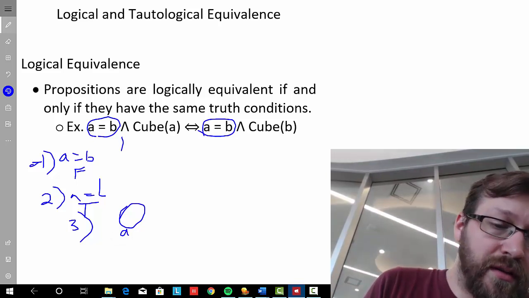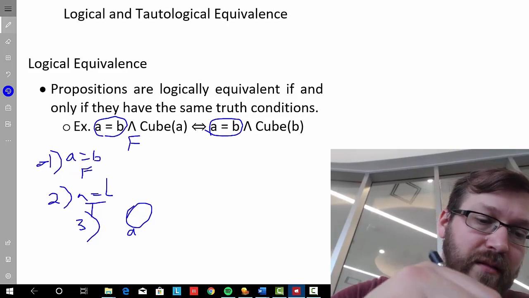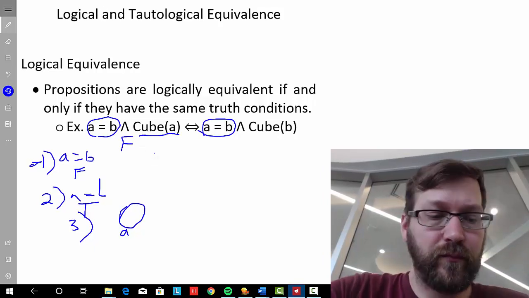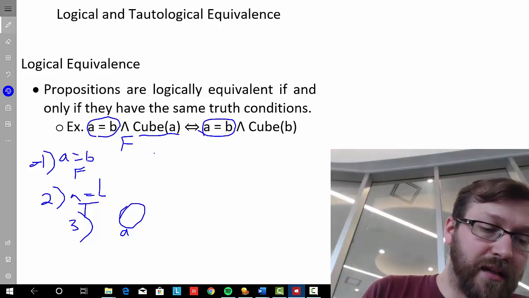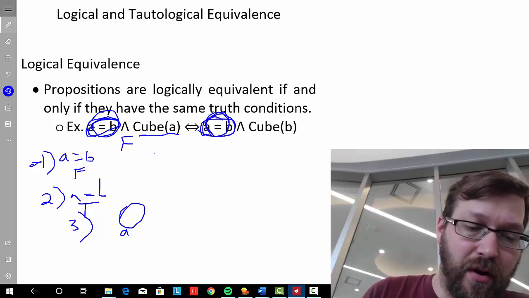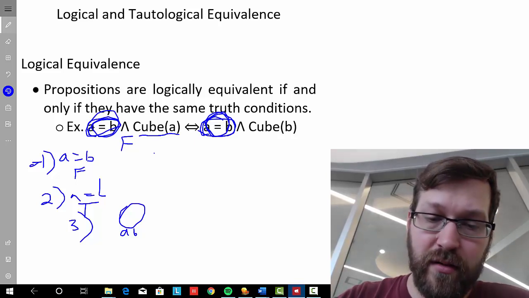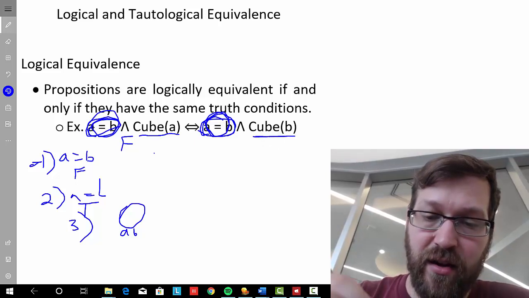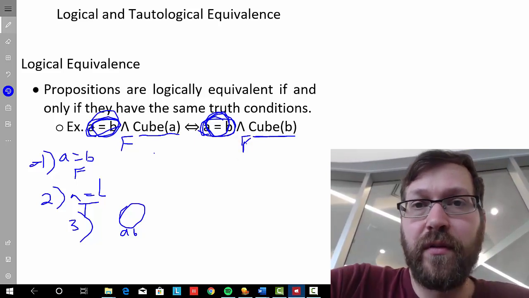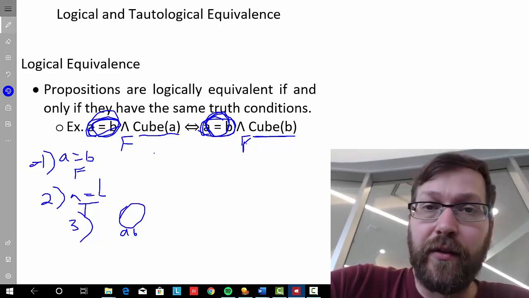If A is a non-cube, that'll be false because our second conjunct is false. But because this is under the assumption that A and B just are the same object, that'll mean B is a non-cube. And since that means this conjunct is false, the conjunction will be false. So again, no deviation of the truth values for that situation.